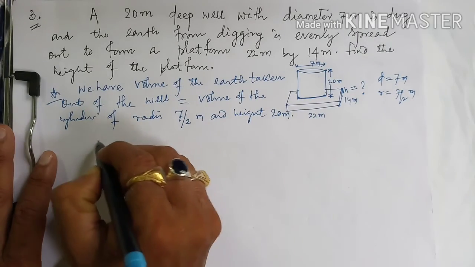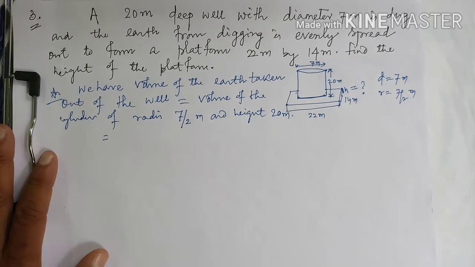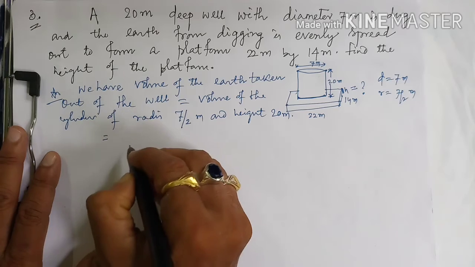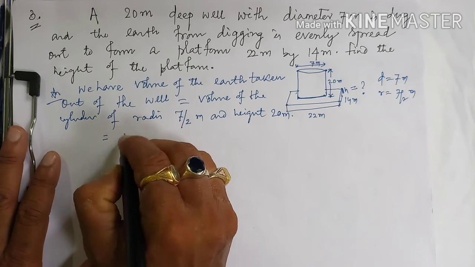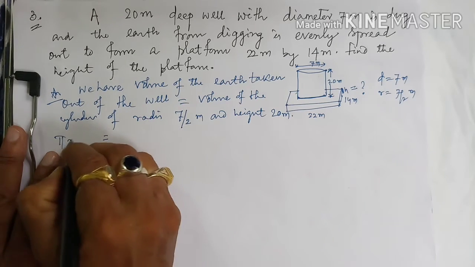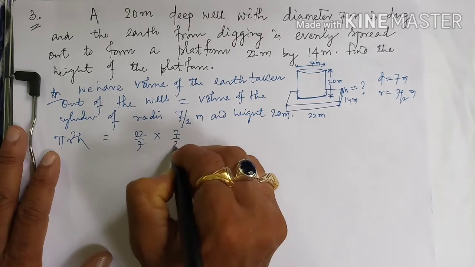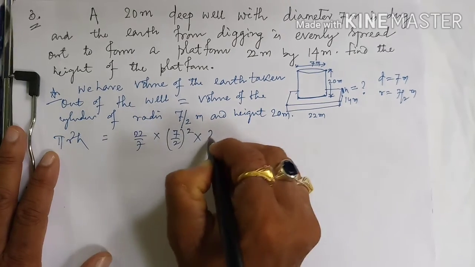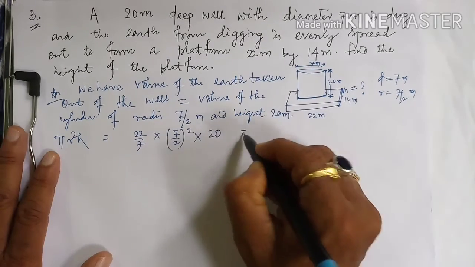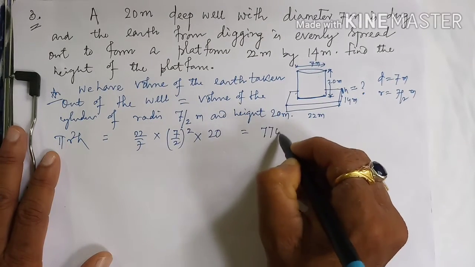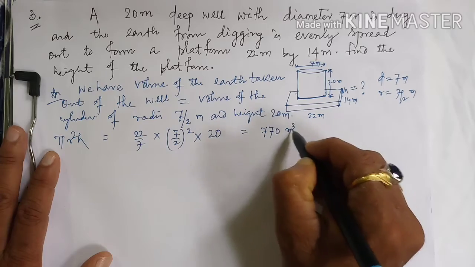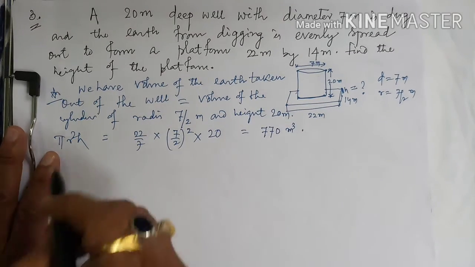Which is equal to pi r square h, means 22 by 7 into (7 by 2) square into 20. Height is 20, that is 770 cubic meter. This is the volume of the cylinder.